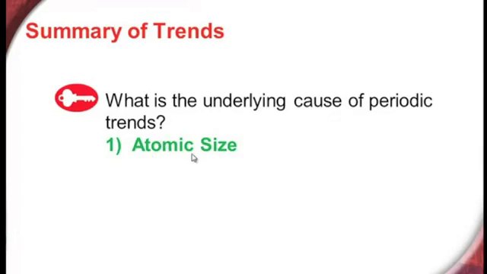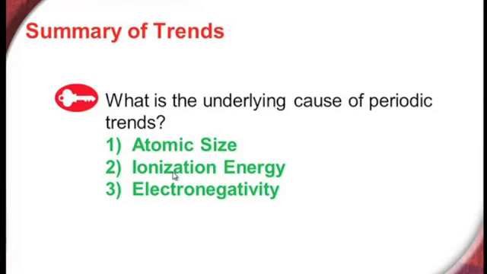One is atomic size, how big the atoms are, and how the size of the atoms varies as you go across the periodic table or down the periodic table. Ionization energy and electronegativity. So these are the three main properties that we're focused on, and you just want to make sure that you're really familiar. By now you should know exactly what the trends are, both going left to right and up and down the table with respect to each of these three properties.